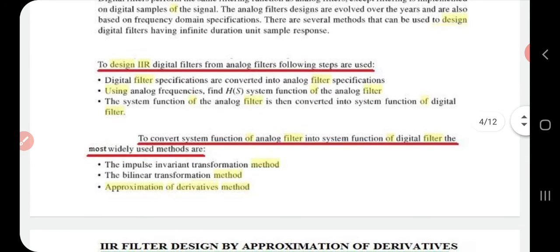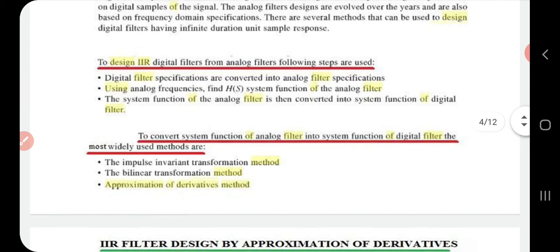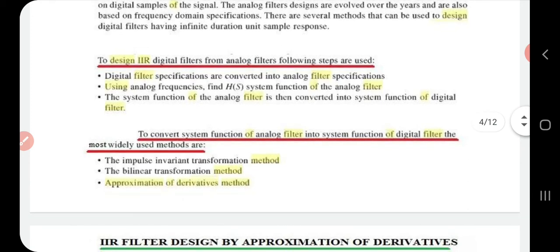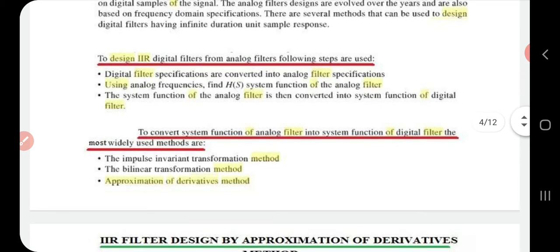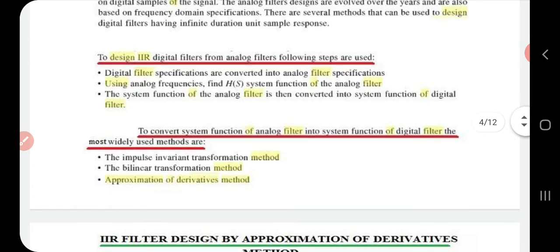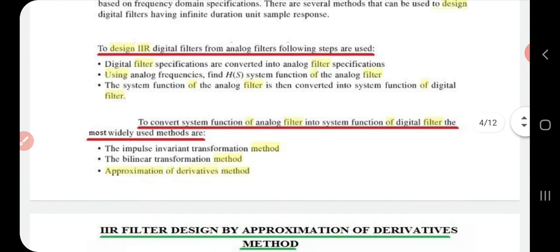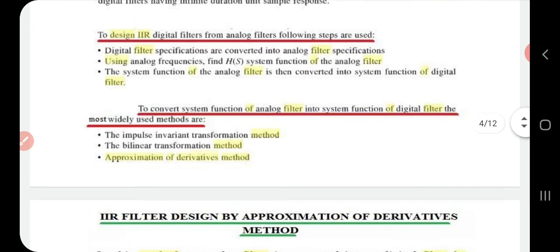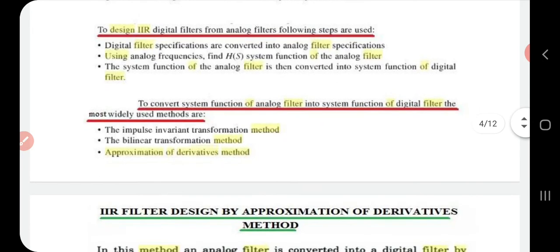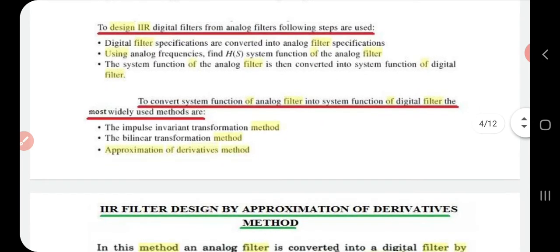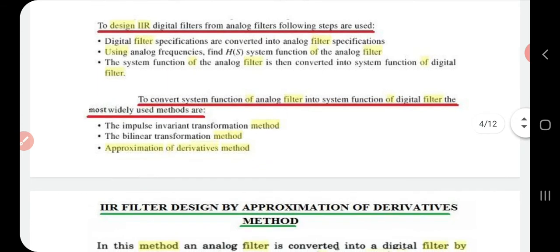Then, using analog frequencies, the transfer function or system function H(s) of the analog filter is found. Later, that system function of the analog filter, H(s), is converted into the system function of the digital filter, which is H(z).